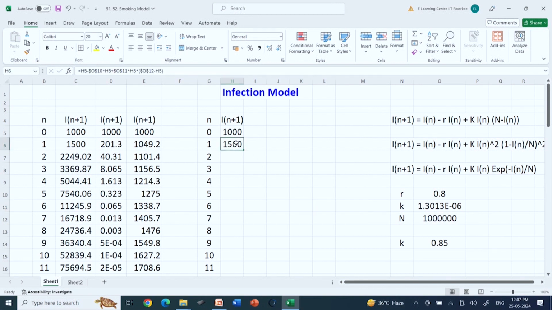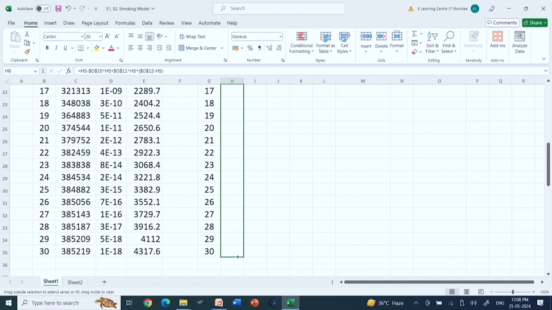So, you can see that this value came to be 1500 and you can check from the initial condition for this particular value of k, it has to come 1500 because we have used this value to calculate the value of k. Next, we just generate the values till 30.